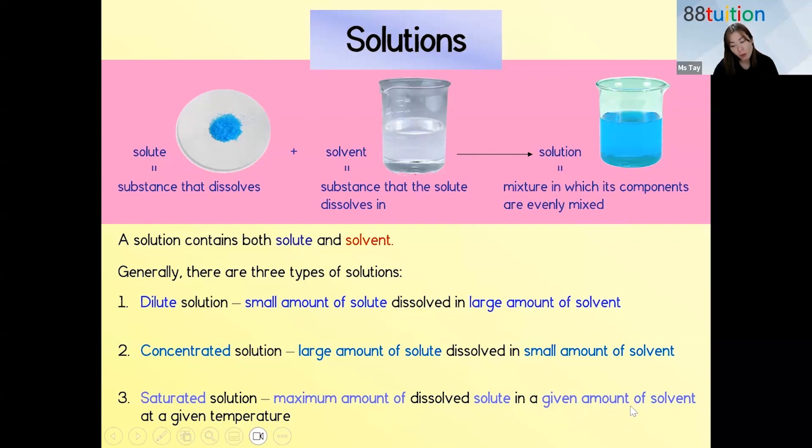The given amount of solvent was one glass of water, and the temperature is room temperature. I didn't say I heat up, I didn't use hot water. Whenever I only say I use water, it is room temperature. So that is the maximum amount I can dissolve. Maybe it could be 32 teaspoons. I don't know, I've not tried it. But that is the meaning of saturated.